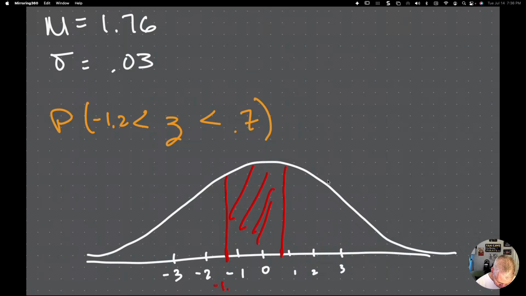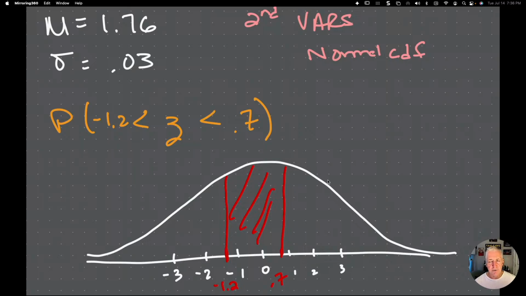Negative 1.2 and then 0.7. Okay. Find the area between those two. All right. So second vars, this is using the TI-84, TI-83 or 4. Second vars, normal CDF, and remember the syntax that I use is very simple.